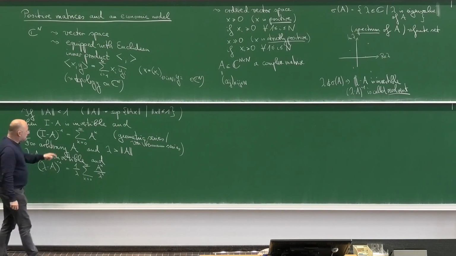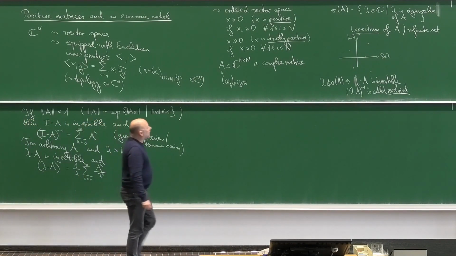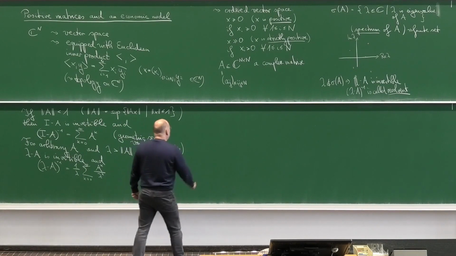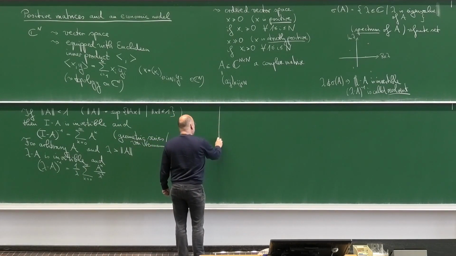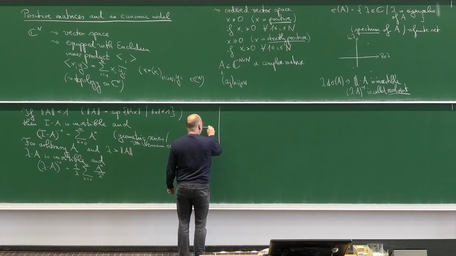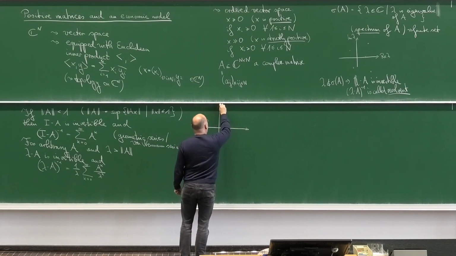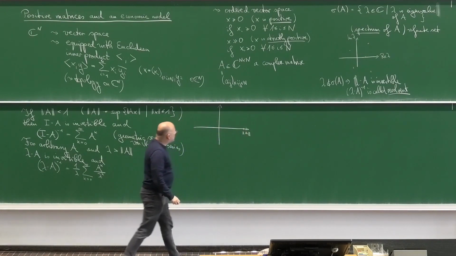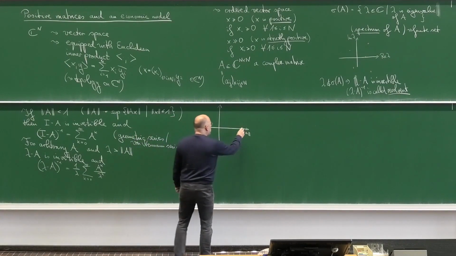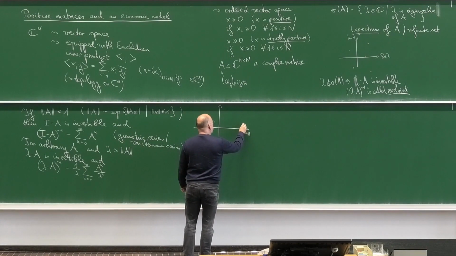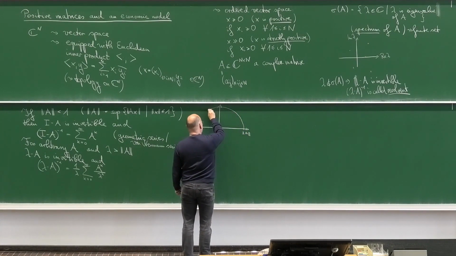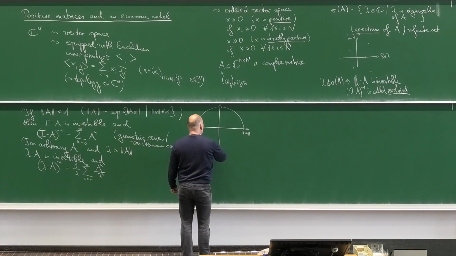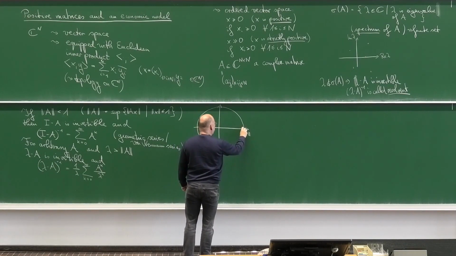So it means that, again I draw here a complex plane. We have here some number which is the norm of A, and we have a circle of this radius. Maybe not a very nice circle.